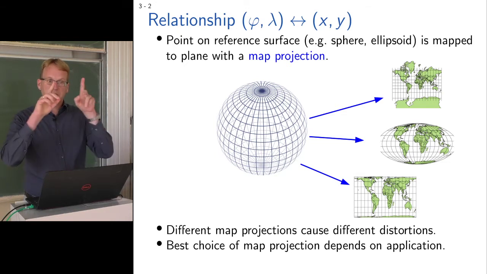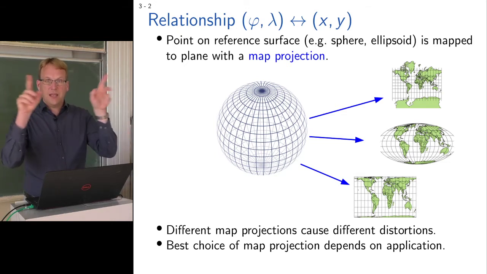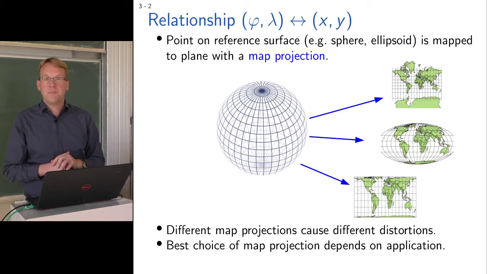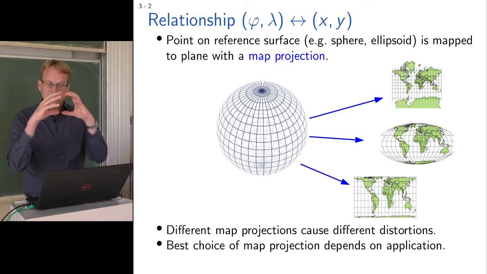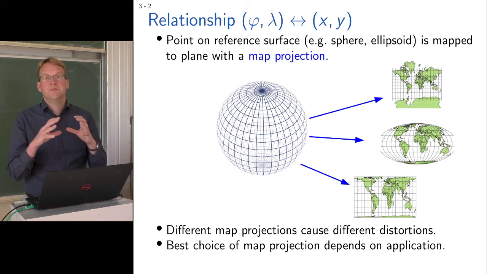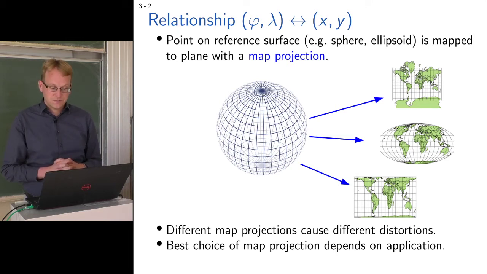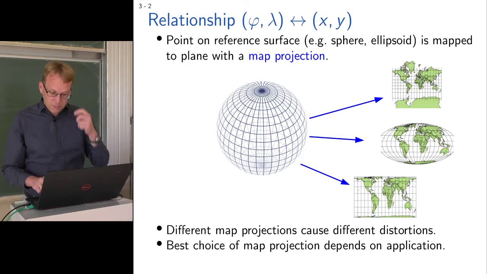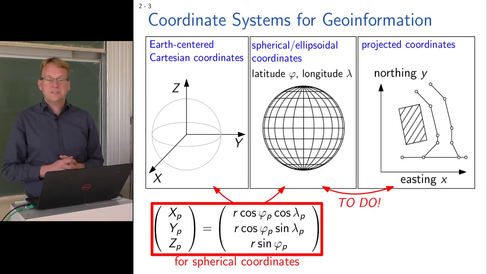Also, sometimes we would like to display the entire Earth in a map, and sometimes we have a very small area on the surface of the Earth, and then we would probably not use the same map projection for these two different applications. So there's not just one answer to the to-do on this slide, but it depends on the application which map projection to choose.